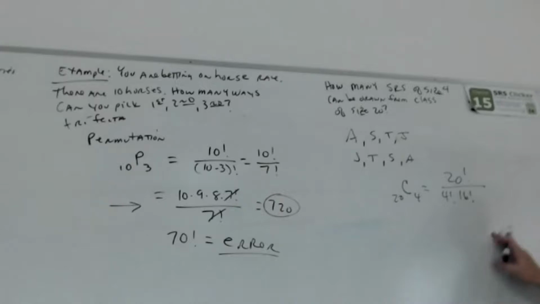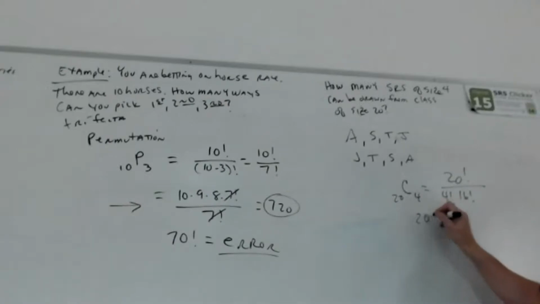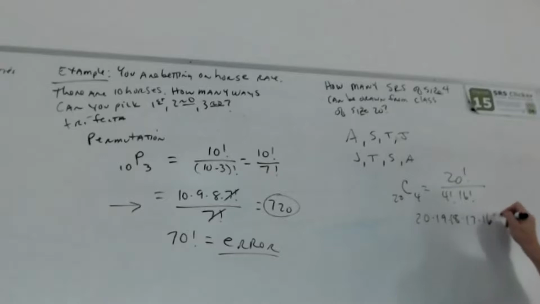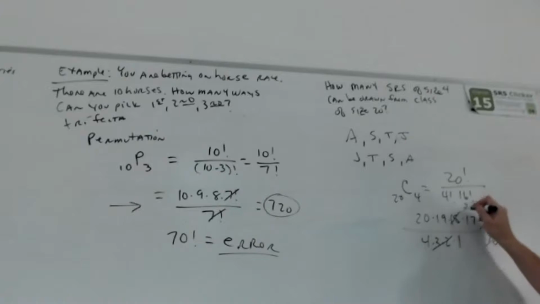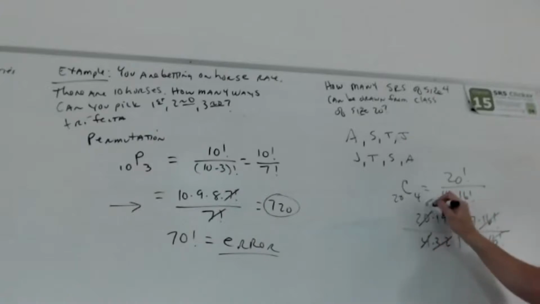Now, having said that, this is another example that I could do. Your calculator should be able to handle this, but I want you to practice this technique. I could write this as 20 times 19 times 18 times 17 times 16 factorial over 16 factorial, so I can cancel those, and then I got 4 times 3 times 2 times 1, right? So 3 times 2 is 6, goes into 18 3 times, 4 goes into 20 5 times.